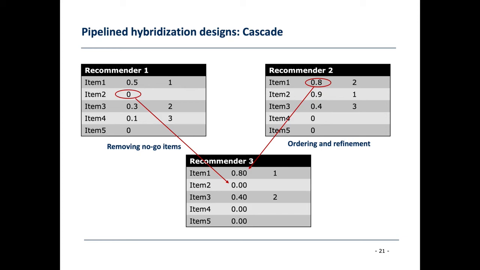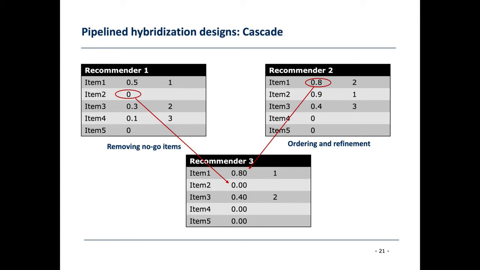Item 4 is removed by recommender 2, and so the recommendations which are produced by recommender 2 are items 1 and 3, which are now ordered item 1 and item 3, but had recommender 2 been used on its own, item 3 and item 1 would have been recommended in that order.